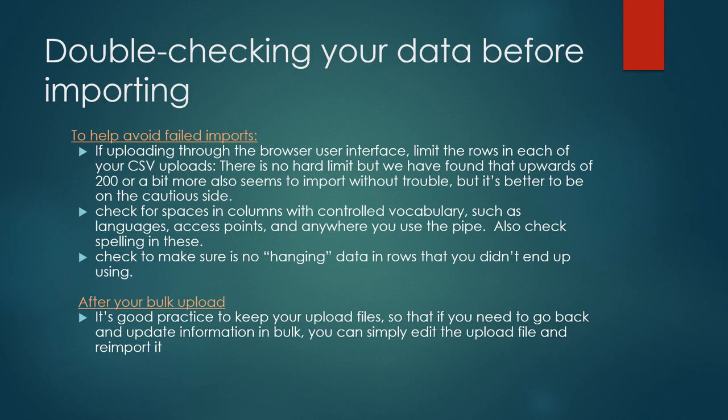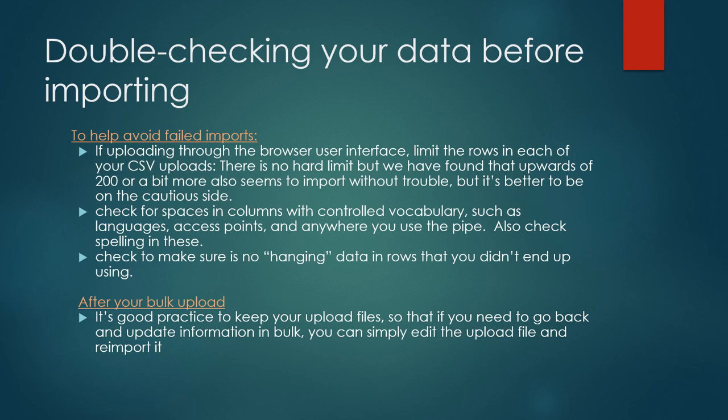Also check for spaces in controlled columns with controlled vocabulary, such as language or access points. For instance, if I have EN for language, but I've accidentally put a space at the end, it's not going to read that information properly.